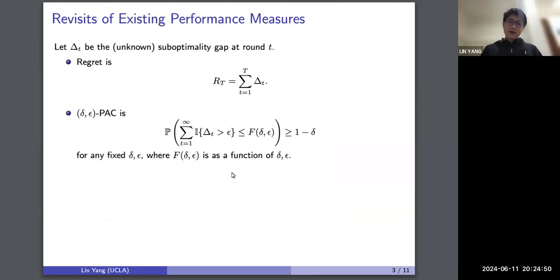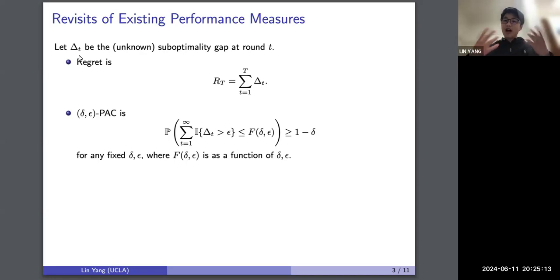More formally, we can define the regret bound as the sum of all the suboptimality gaps. What is the suboptimality gap? Here we denote it as delta t. Delta t is the difference between the performance of the action you played and that of the optimal action.